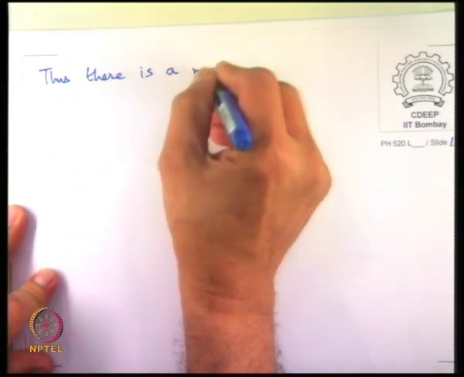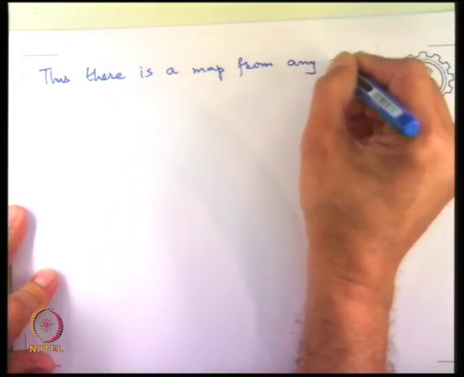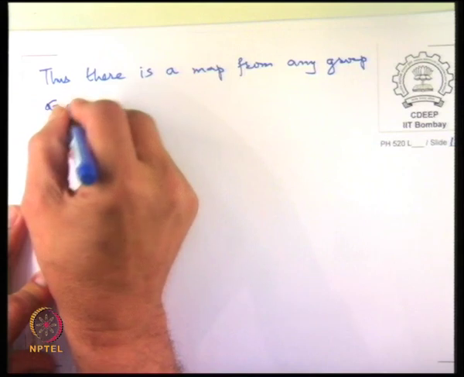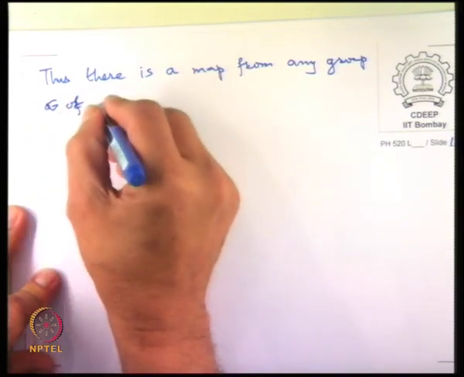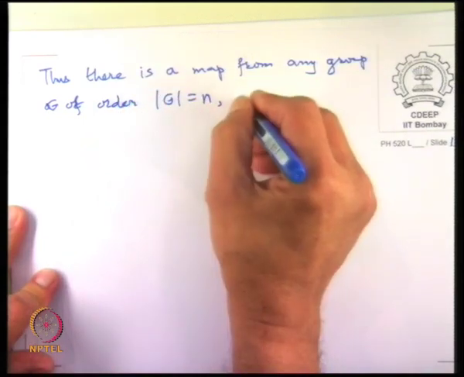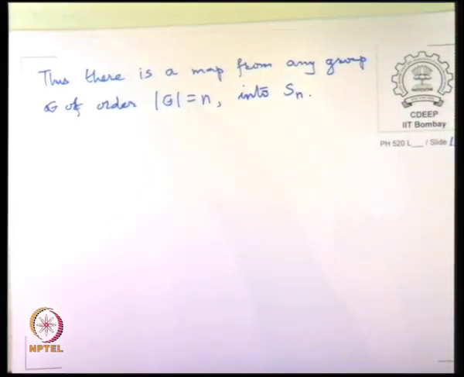There is a map from any group G of order n into Sn. So we have verified that there will exist some element in Sn which will realize whatever G does. But now we need to check that it actually forms a subgroup when realized as a permutation.